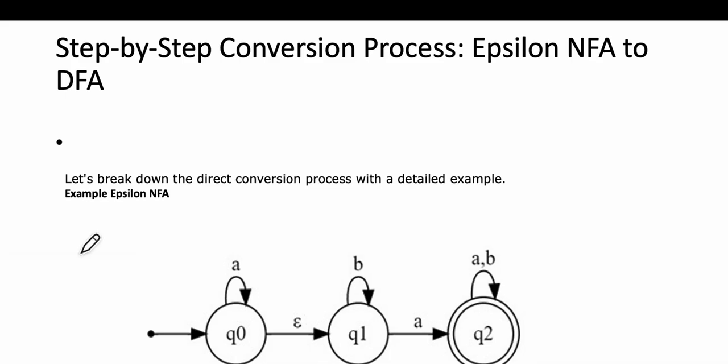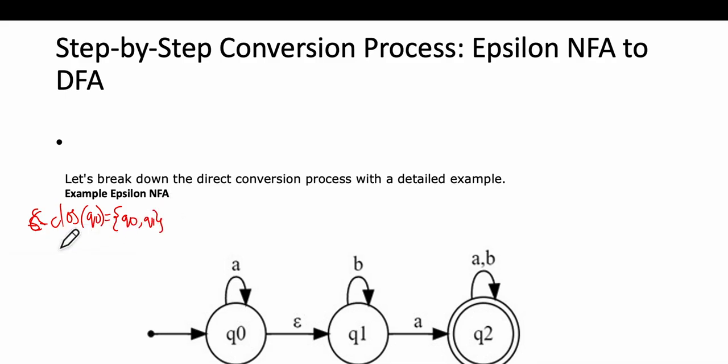So find the epsilon closure of Q naught, also called E closure. From Q naught, without taking input, what are all the states it can reach? By default every state is reachable to itself, so that is Q naught, and from Q naught we have a direct path labeled epsilon to Q1, so we can also reach Q1.